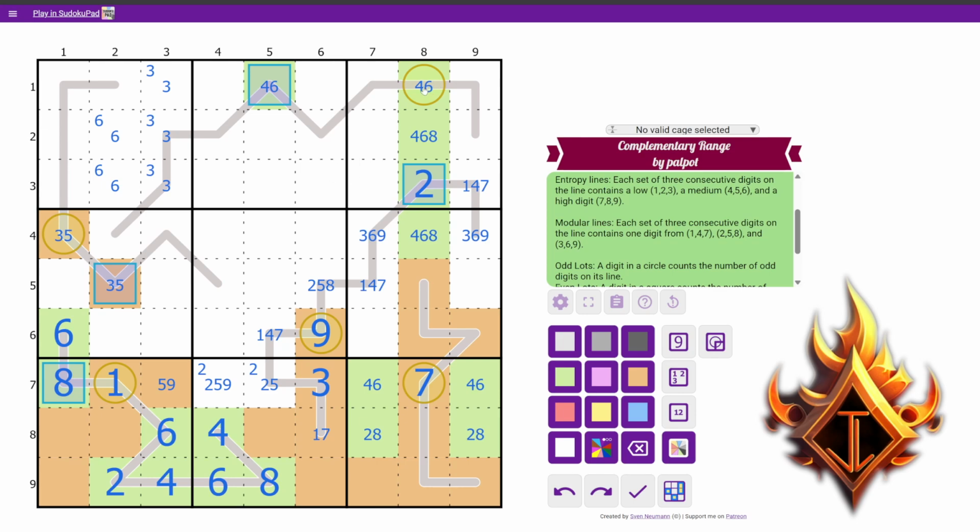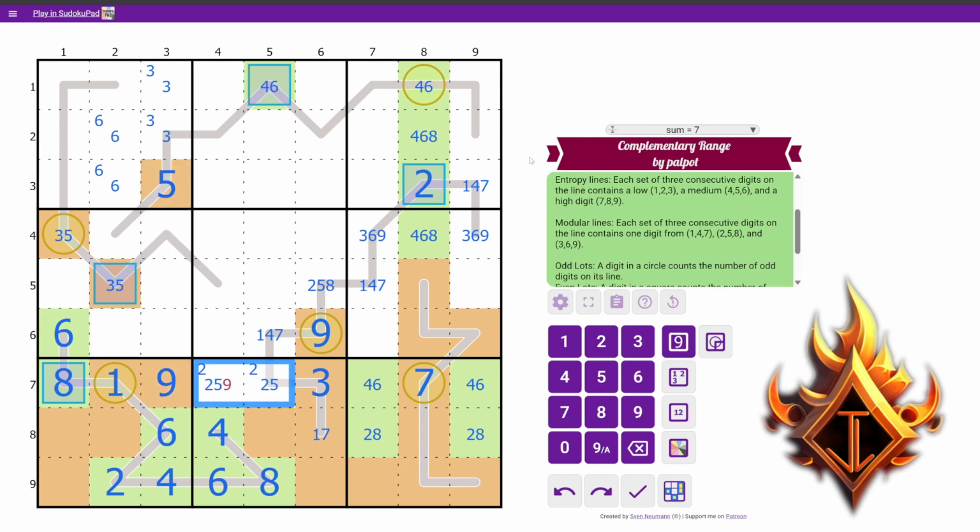But anywho, that means 1, 2, 3, that this one is 4, 5, or 6, and it can't be 4, 6 because we have those at the bottom. So that is 5, and now we have a 9 here and a 2, 5 here.